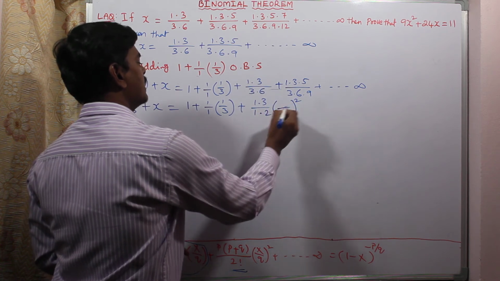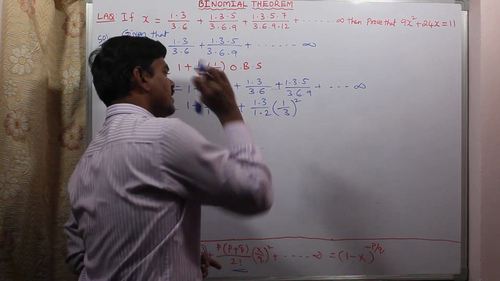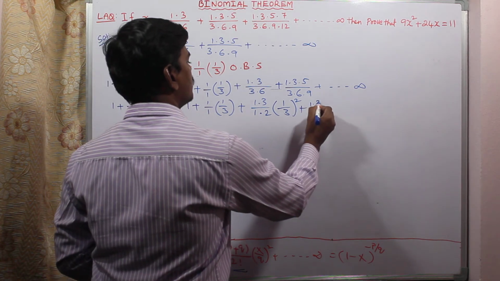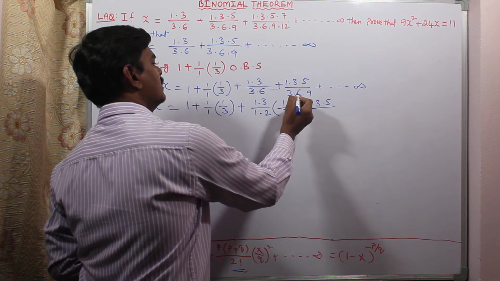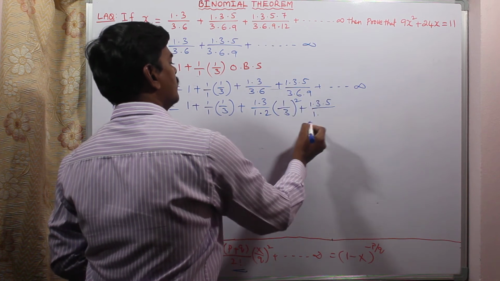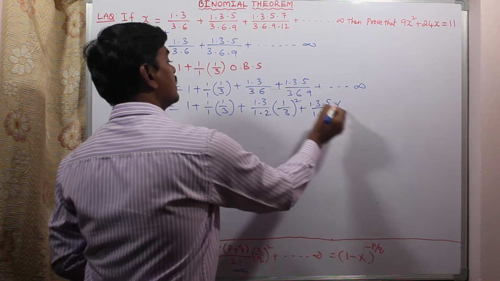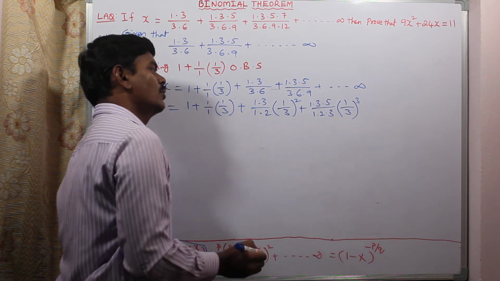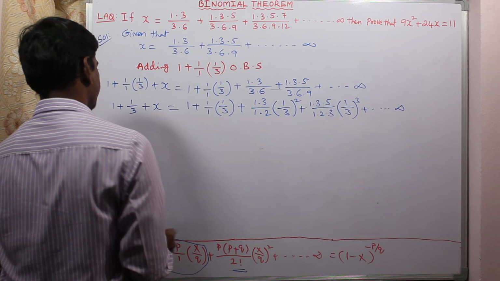So this becomes 1 by 3 whole square. Nothing is there in the numerator. Plus 1 into 3 into 5 by, after keeping 3 aside from each and every term of the denominator, we are left with 1 into 2 into 3. Now 3 into 3 into 3 is 3 cube, so 1 by 3 whole cube, so on up to infinite.